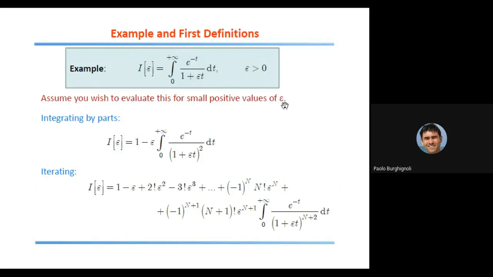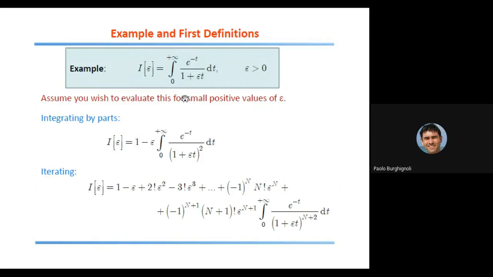So we will consider that epsilon is a small number, and we are interested in estimating this value I of epsilon in the asymptotic limit in which epsilon is small.